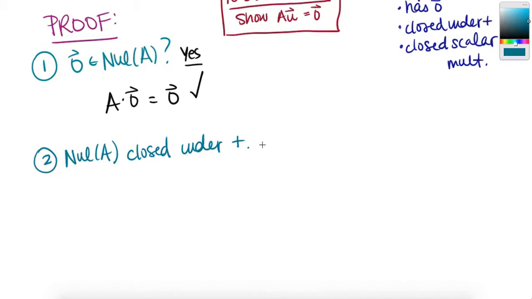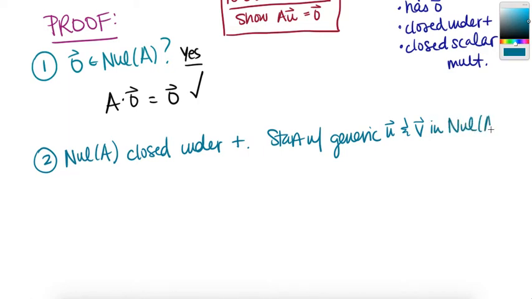And remember, we talked about this a little in the last section, but you got to start with generic u and v in the null space, and we need to show that u plus v is also in the null space.